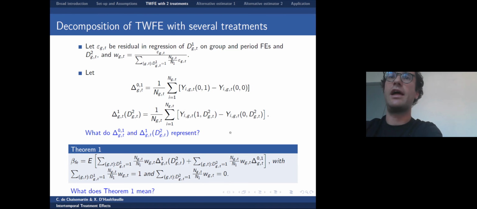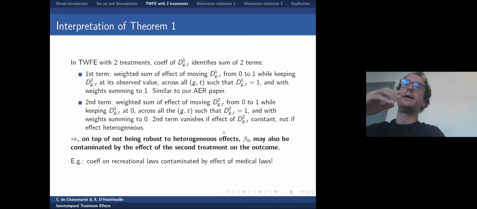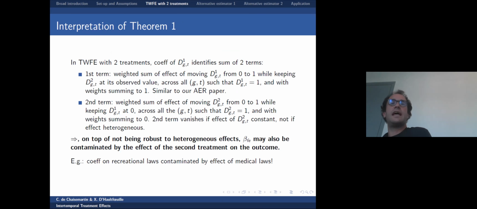So let's interpret a little bit this theorem. This theorem is telling us that if you run two-way fixed effects with two treatments, the coefficient on the first treatment is going to identify the sum of two things. The first thing is a weighted sum of the effect of moving that first treatment from 0 to 1, with weights that may be positive, may be negative, but that sum to 1.